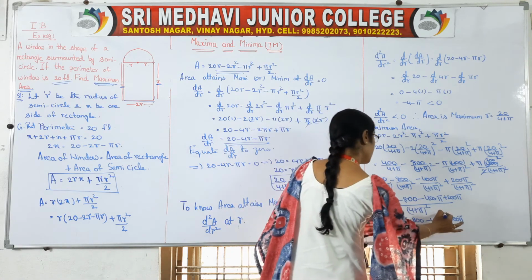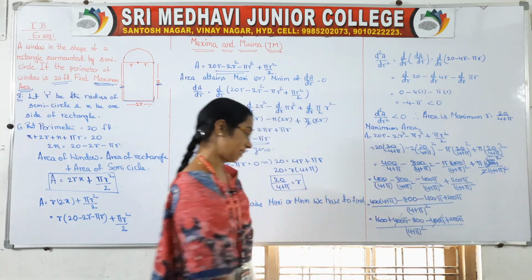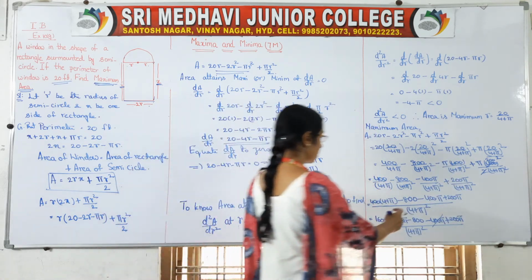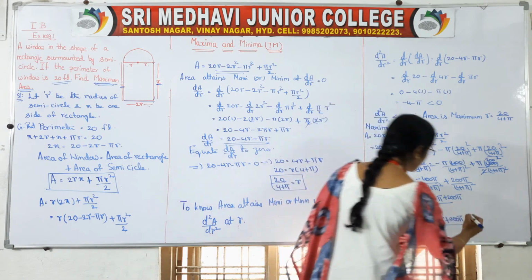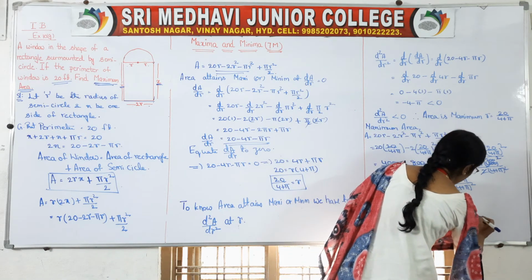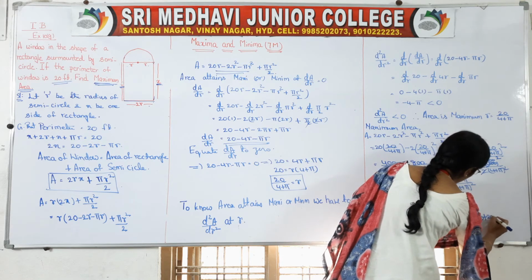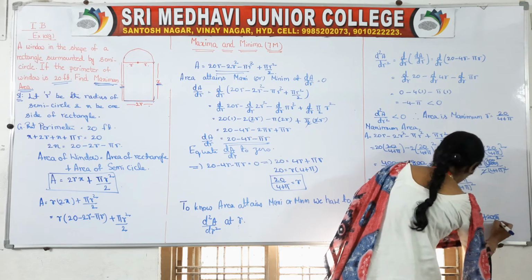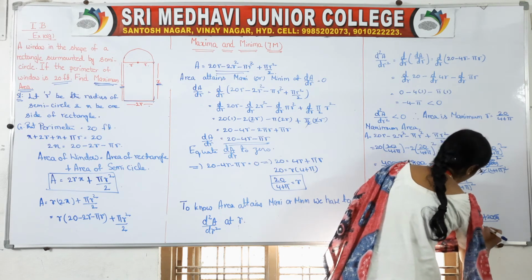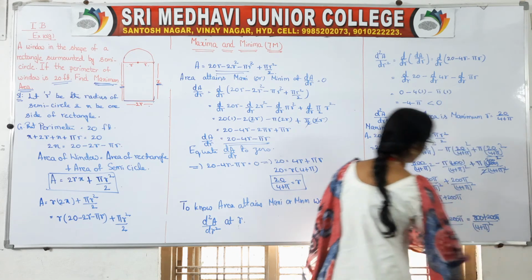So the positive value and negative value cancel. 1600 minus 800 is 800. 800 plus 200 pi by 4 plus pi whole square.